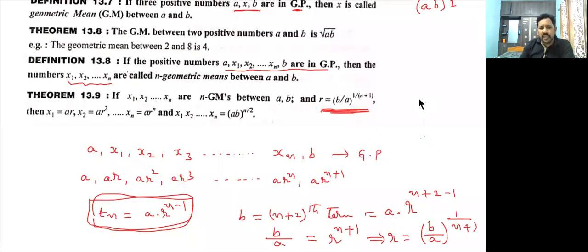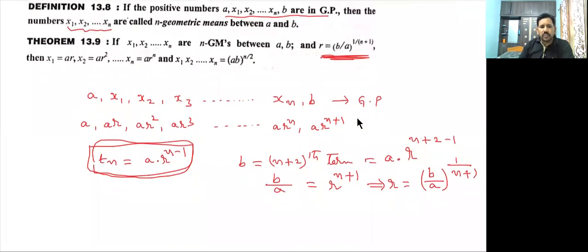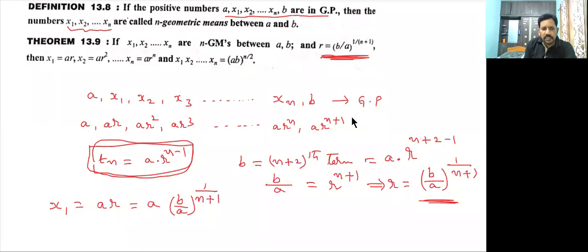Now how to find X1, X2, X3 and so on. What is X1? X1 means AR. Substituting the R formula, it is A into (B by A) power 1 by n plus 1. This is one geometric mean, X1. Then what about X2?